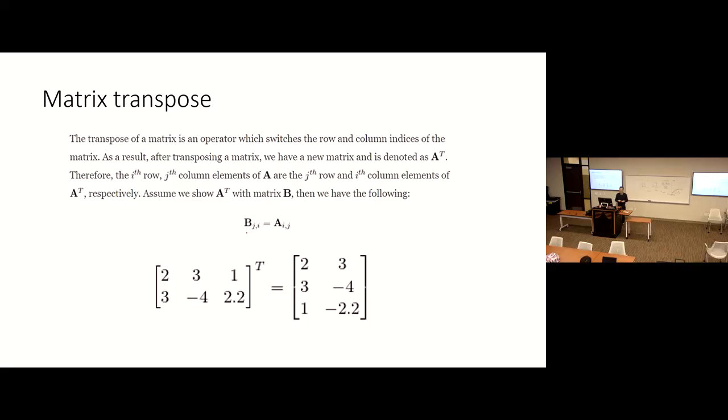And in MATLAB, we just put a matrix, and there is a function to transpose, but there's an easy way: just put an apostrophe on the top of this matrix. This operation will transpose your matrix.